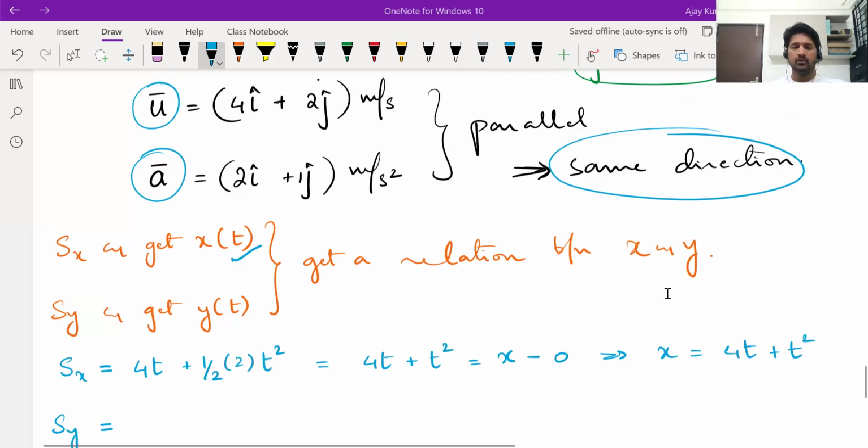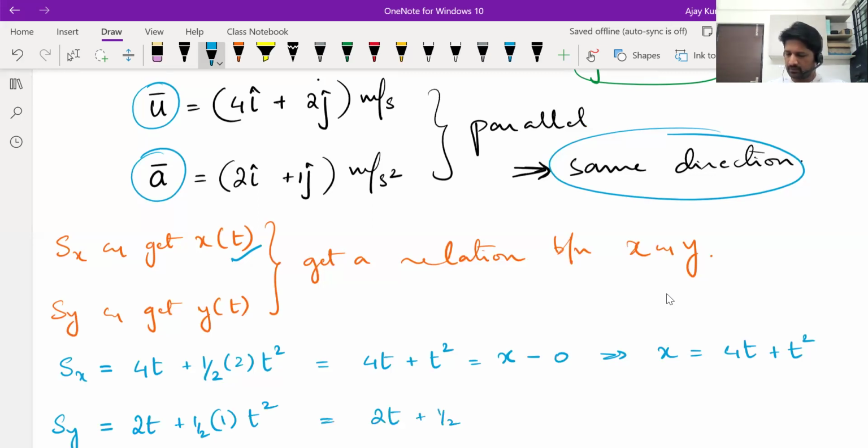See, we have to write uyt plus half ayt square. Uy, initial velocity's y component, is 2, plus half ay, acceleration's y component, is 1, t square. That is 2t plus half t square, equal to displacement in y direction, meaning final y coordinate minus initial y coordinate. So you get final y coordinate is equal to 2t plus 1 by 2 t square.